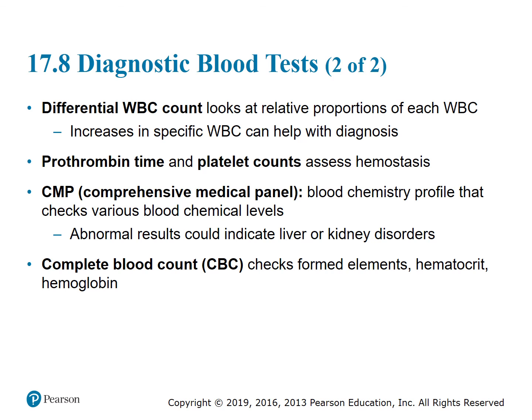Prothrombin time and platelet counts assess hemostasis. CMP, or Comprehensive Metabolic Panel, is a blood chemistry profile that checks various blood chemical levels. Abnormal results could indicate liver or kidney disorders, and a complete blood count, or CBC, checks the formed elements, the hematocrit, and hemoglobin.